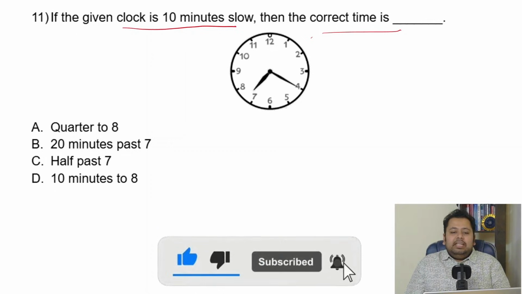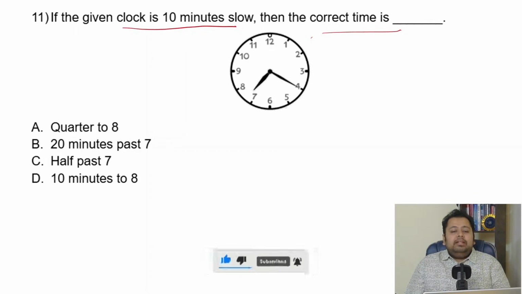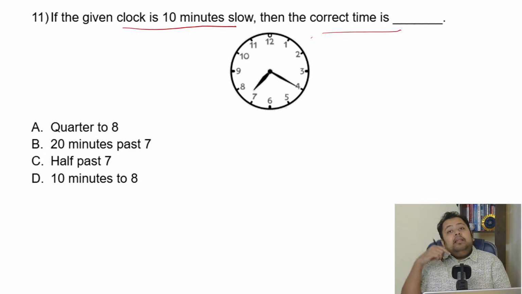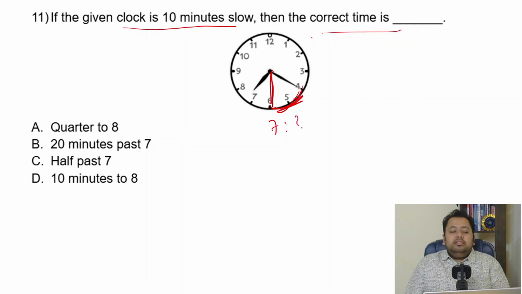Great. If the clock is 10 minutes slow at this point of time, what should it have been? It should have been 10 minutes higher, because it has already gotten 10 minutes slow, so the actual time would have been 10 minutes higher. So that means the actual time is nothing but 7:30. 10 minutes, 5 minutes, 10 minutes. So 10 minutes higher would be 7:30.